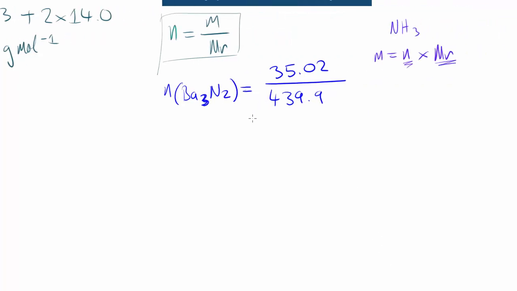And that is going to be 0.0796090. Okay, so that's in moles.